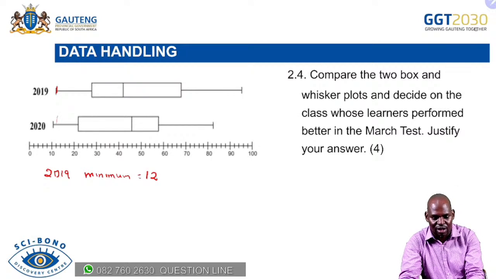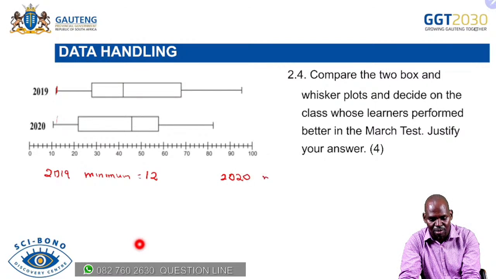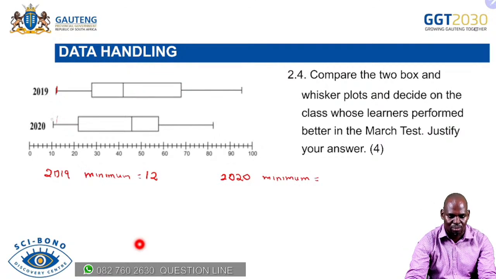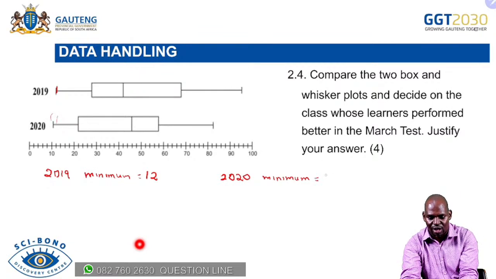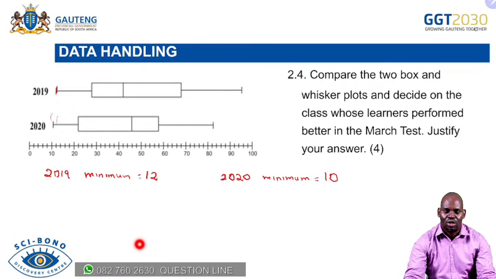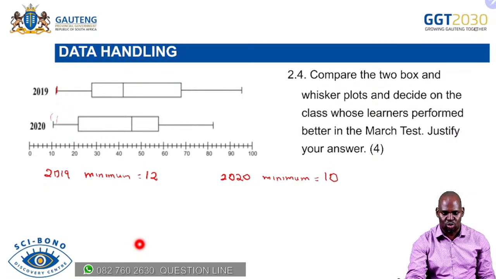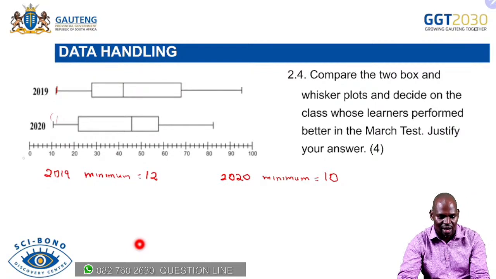And then for 2020, the minimum, the lowest mark there was 10. So the lowest mark in 2019 was 12, and then in 2020 it was 10. Then let us look at the other values.